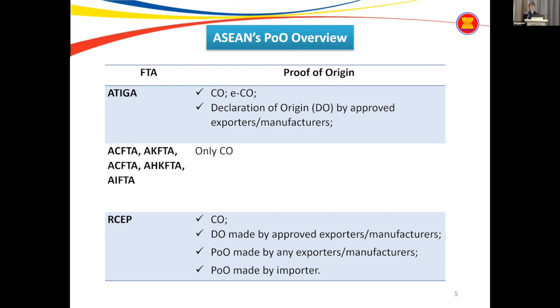I guess, because ASEP was just implemented recently, I don't know whether any implementation issues have arisen, but some of my colleagues here, customs officials from ASEP countries, may answer these questions. I think it is a huge workload for customs officials as well, because they have to remember all of this. So don't criticize them too much, because the complication of the agreement itself puts a lot of workload on them.